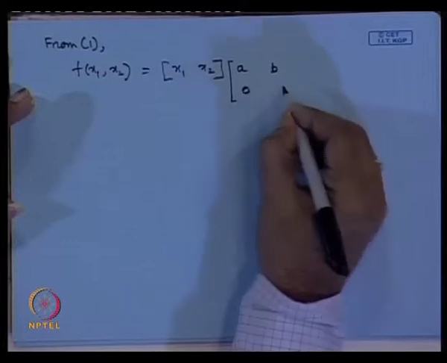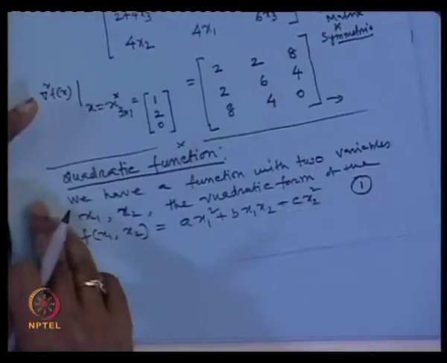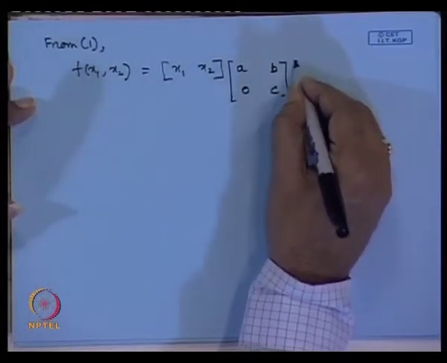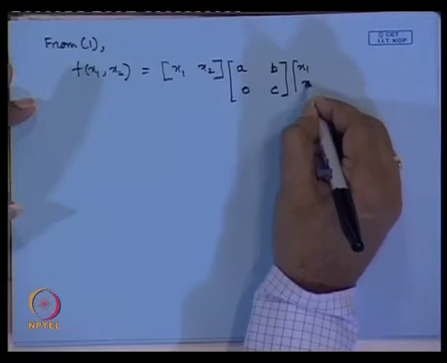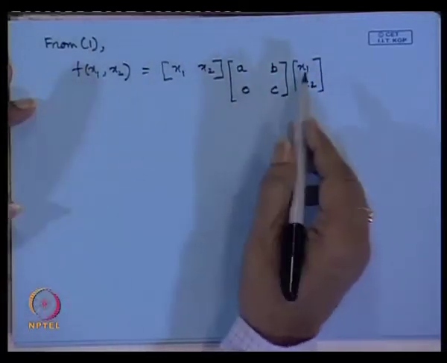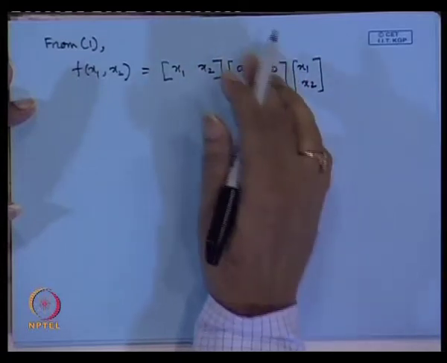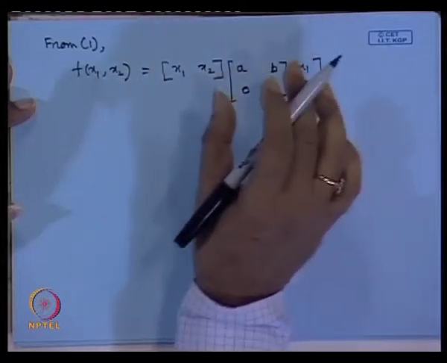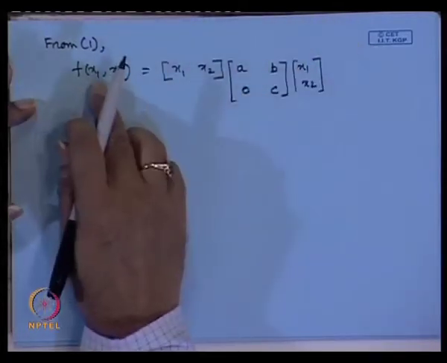Then 0, then the coefficient of x2 square, that we will write in the 2 2 position, that means c, times x1 and x2. If you do the matrix vector operation, then whatever results we get will be exactly whatever function is given.